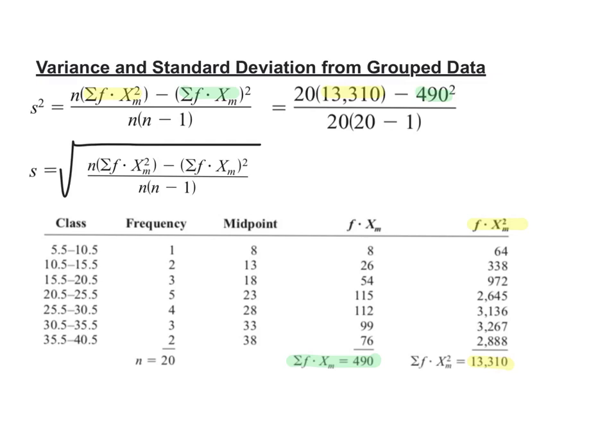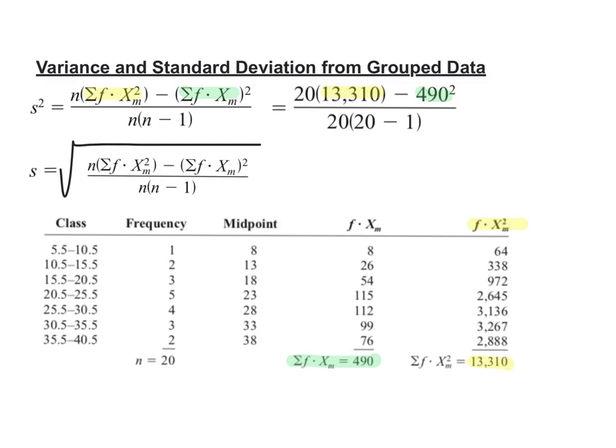This 13,310 goes here. The sum of the frequency times the midpoint was 490, and notice it's squared because of this squared here. The n is 20, and then I've got 20 times 19. I'm almost there. Then it's a matter of typing all that into the calculator and seeing what we get.